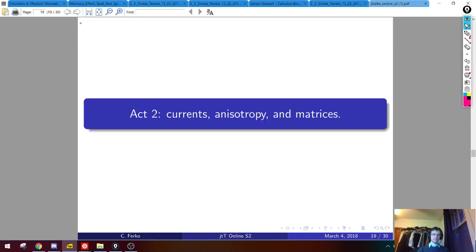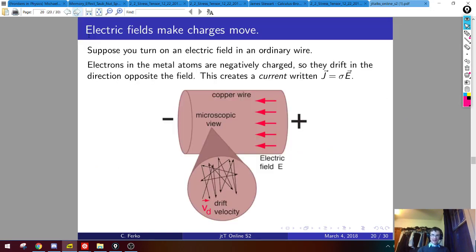Okay. So with that caveat about the sign of the current, let's talk about what we need for cloaking. First I'll contrast what happens in an ordinary material. If you turn on an electric field in a wire, the electrons are negatively charged, so they basically move opposite the direction of the electric field.